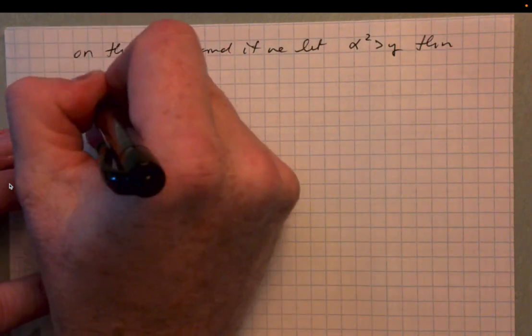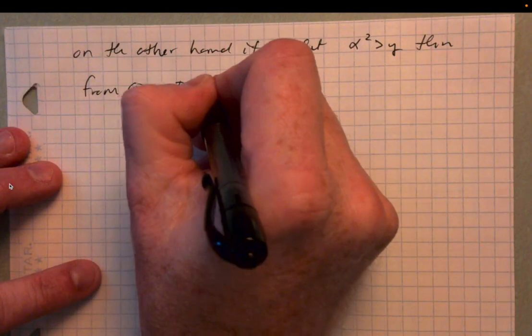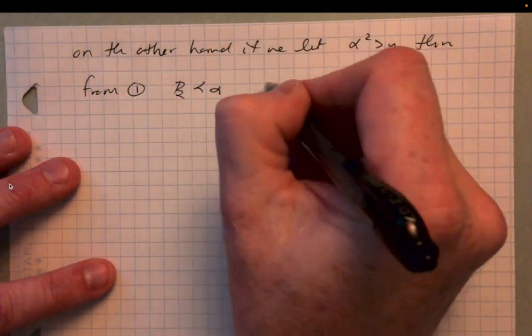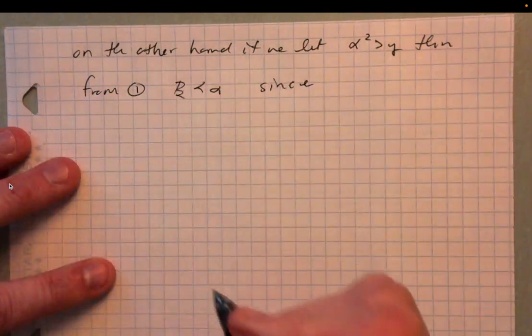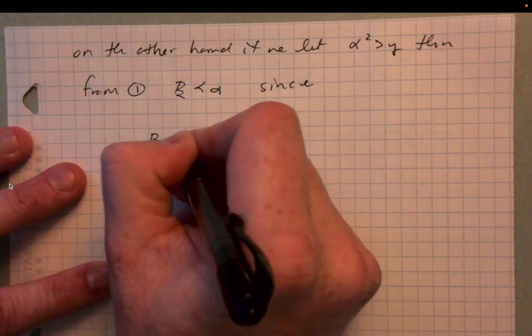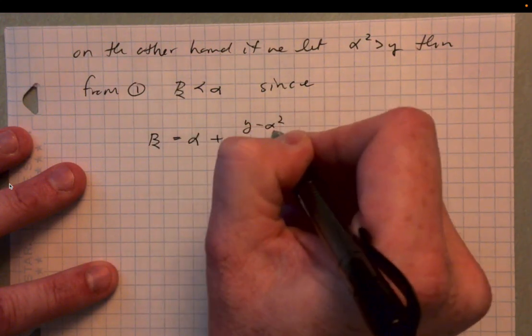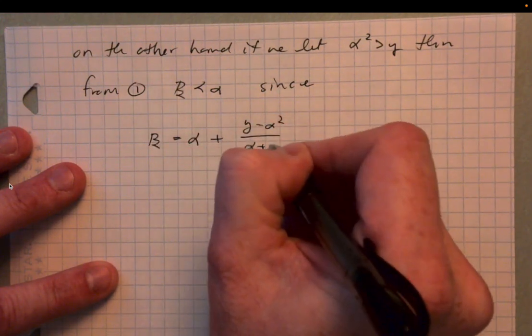Well, from 1, we get that beta is less than alpha. Why is that? Well, let's write this all out again. What did we have? We had beta equals alpha plus y minus alpha squared over alpha plus y.